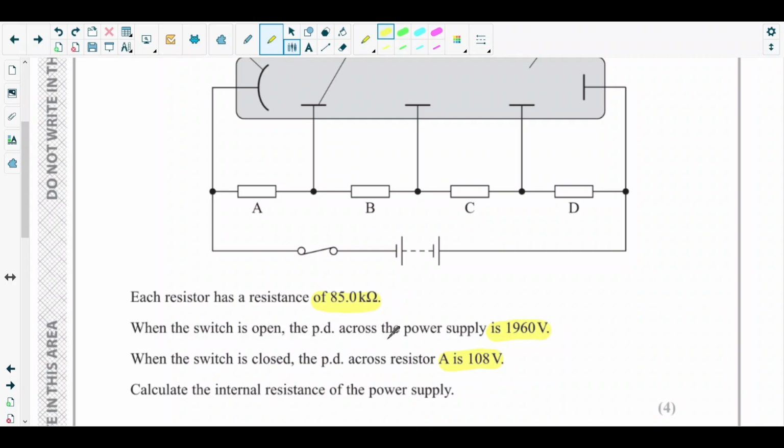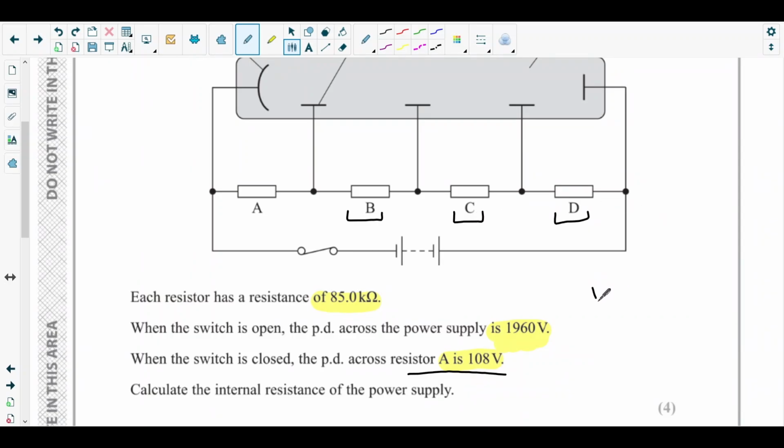There are four resistors with the same resistance A, B, C, D. Since they are connected in series, the current through all four resistors will be equal. The total power supply is 1960 volt. The PD across resistor A is 108 volt. So the PD across the other resistors will also be the same, right?